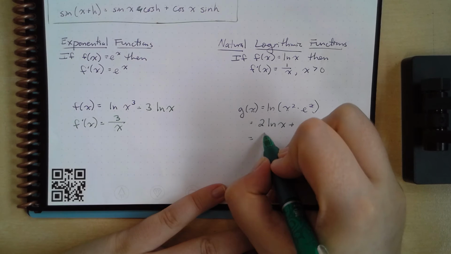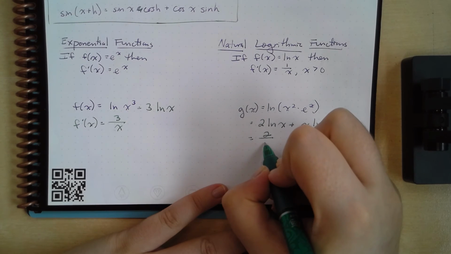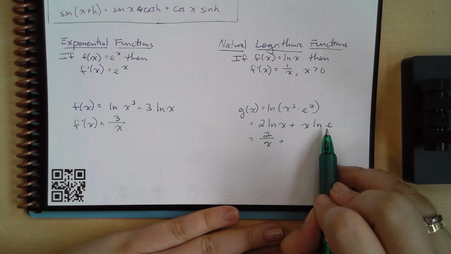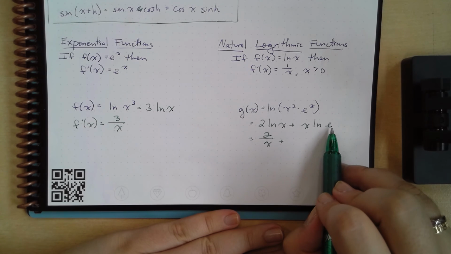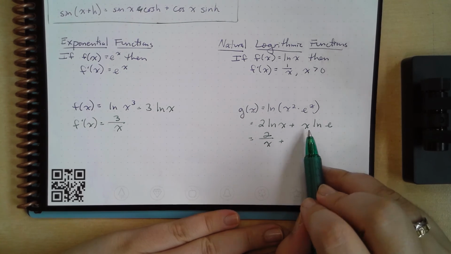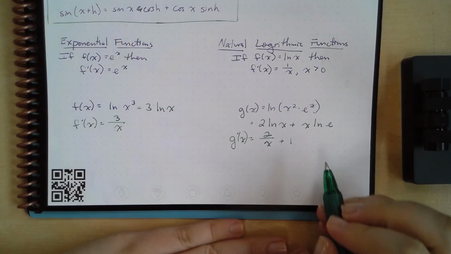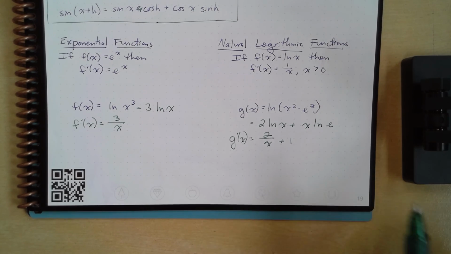So now I'm going to have 2 times the derivative of the natural log of x, which is 1 over x, plus x times the natural log of e. Well, the natural log of e is just 1, and the derivative of x is just 1. So this is g prime of x. Pretty simple. I think it looks complicated when you first see it in action, but once you do it, hopefully it makes a lot of sense to you.